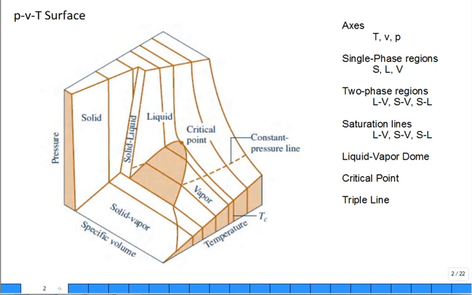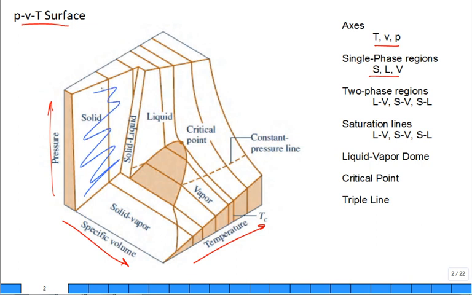So this was the surface, the PVT surface. I emphasized the axes: temperature, hot; volume, larger; pressure, higher. Emphasized the single-phase regions, something like a solid region, liquid region, vapor region, and then the separation out here is in the supercritical region.